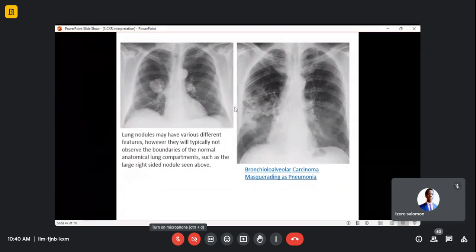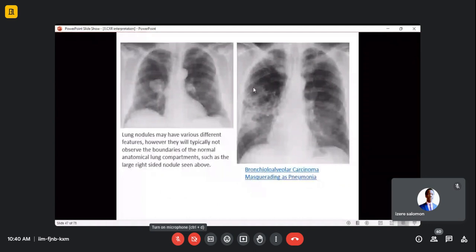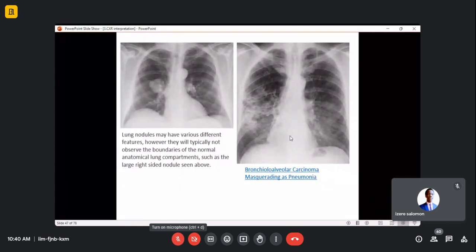It's not that typical, but it looks like airspace opacities. And remember this, I told you bronchoalveolar carcinoma can look like consolidation. This was the case of bronchoalveolar carcinoma. It's the only carcinoma that looks like consolidation.